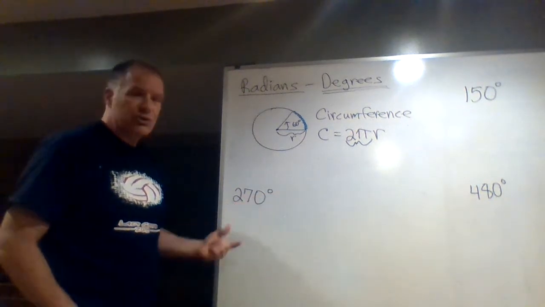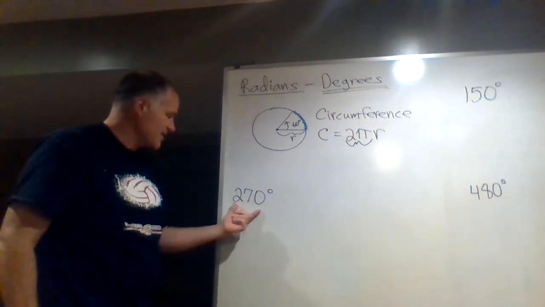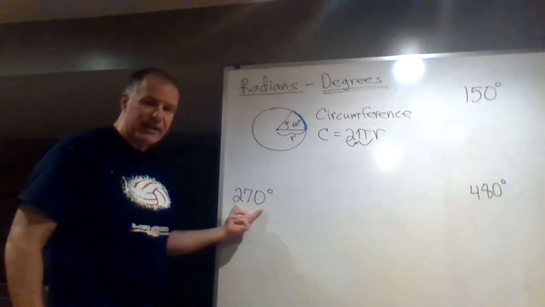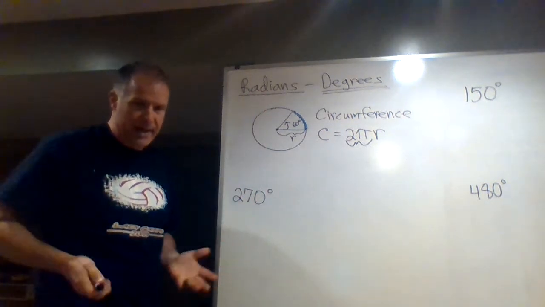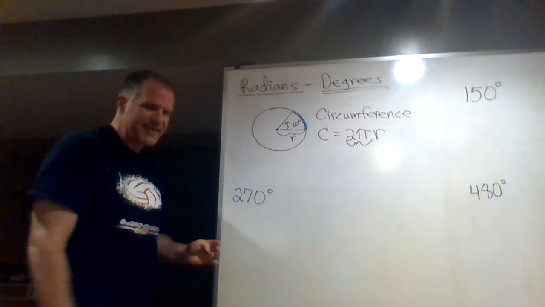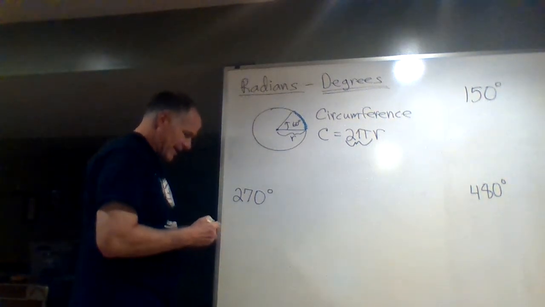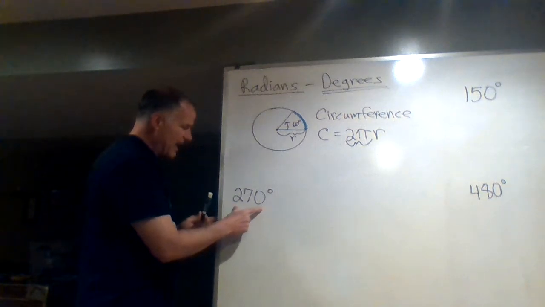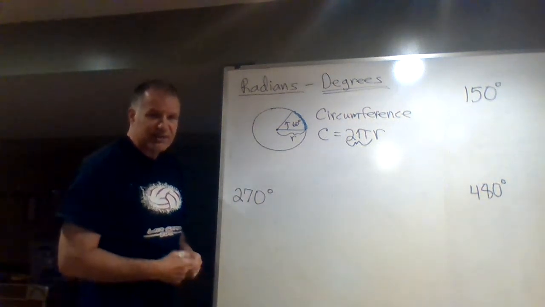What we have to do then, and we're going to apply this later, is change these degrees to radians, or units of pi. I know that sounds weird and doesn't seem to make sense, but I can change any units of degrees to radians.